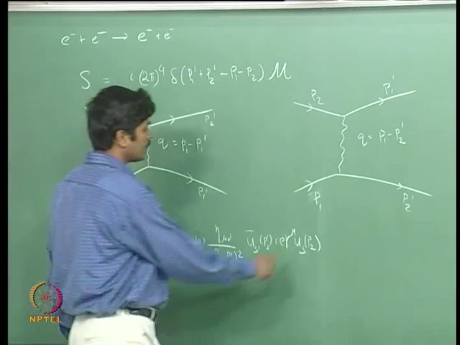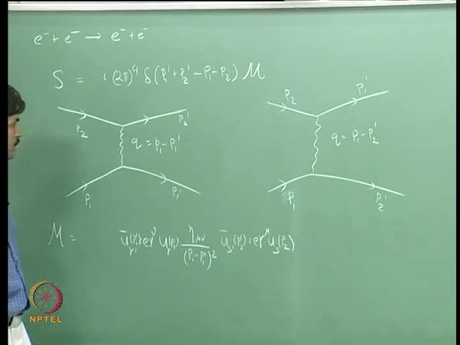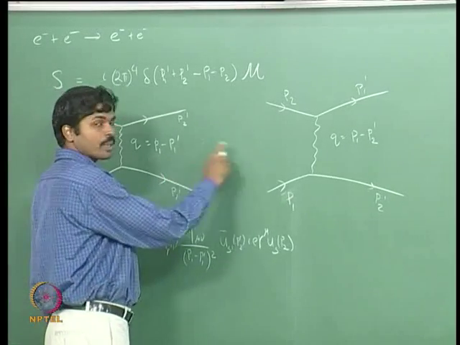The second one is just obtained from the first one by exchanging p1' and p2'.